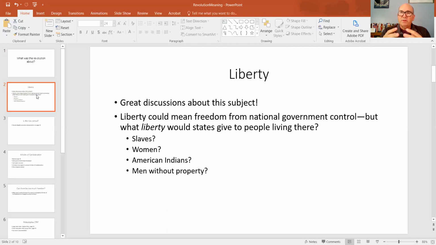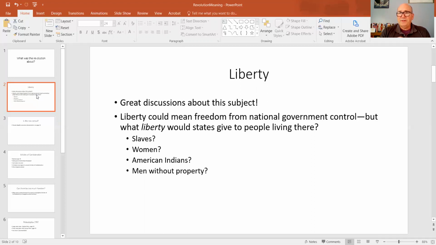And so in some ways, we can consider what the leaders of this revolution might have thought of the term liberty. Liberty could mean freedom from national government control. But then what liberty would states give to the people living in those states?